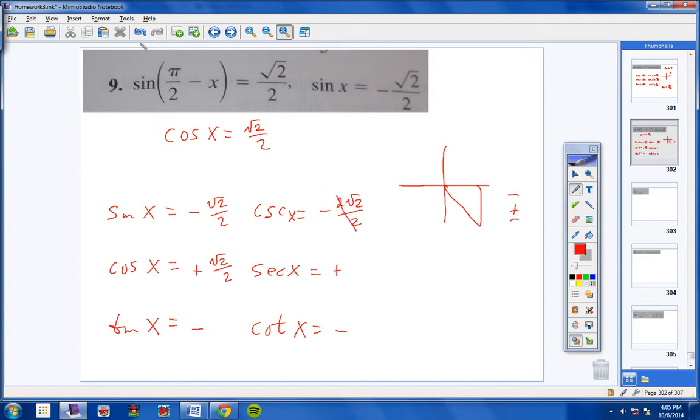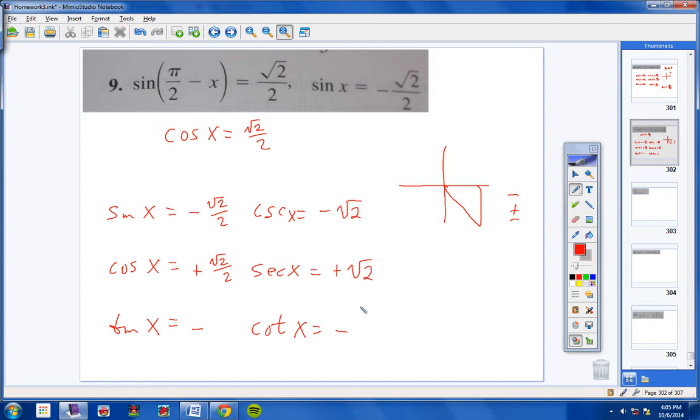So really what you're left with over here is negative square root of 2. Now if I flip this and I got this, then obviously if I flip the exact same thing here, I'll get the exact same thing over here, except the sign will be different. So here I'll have square root of 2.